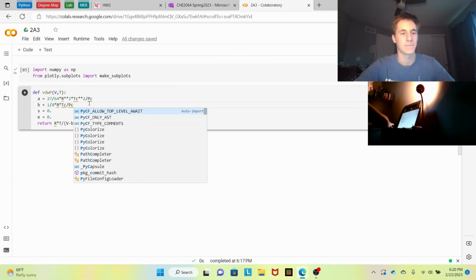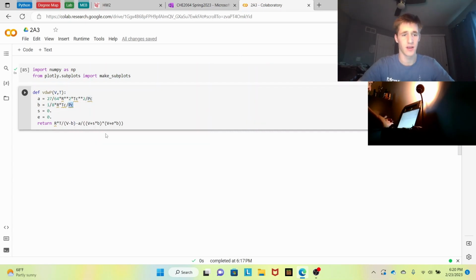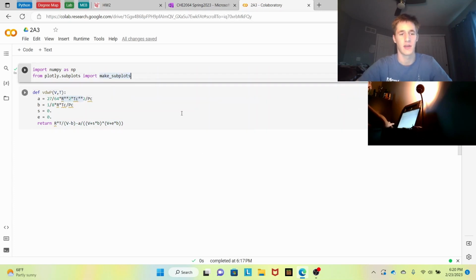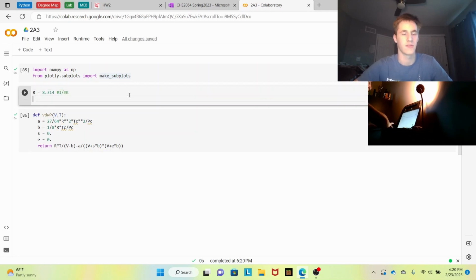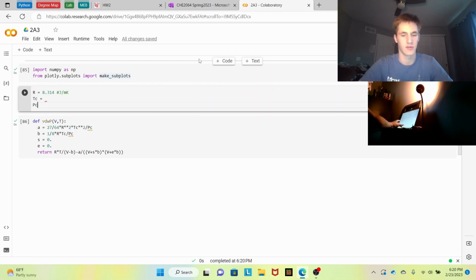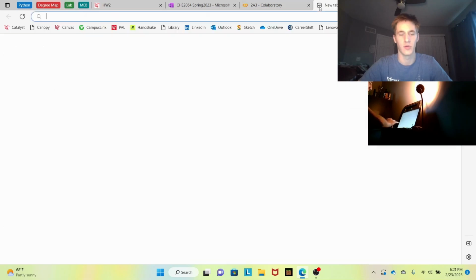Now we have all of our variables in this return function, but now we need our R, our critical temperature, and our critical pressure. So R, of course, is our gas constant, 8.314 joules per mole Kelvin. And our critical temperature and critical pressure, we will look up here.